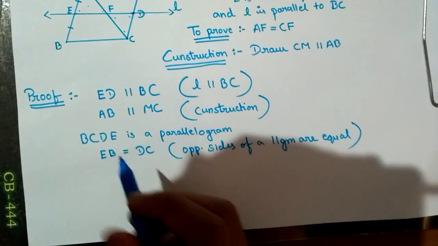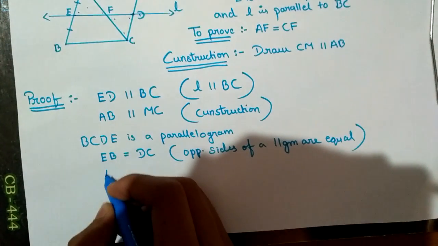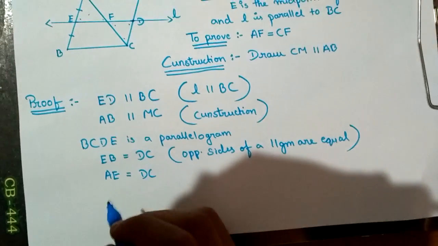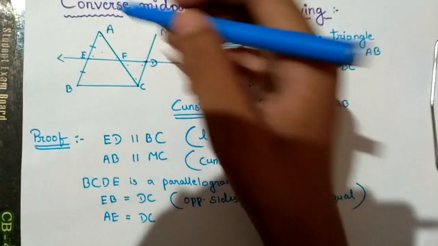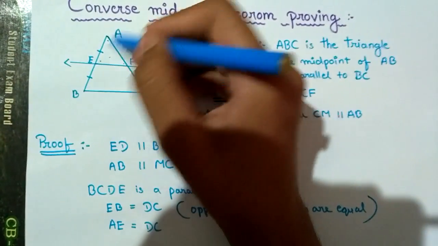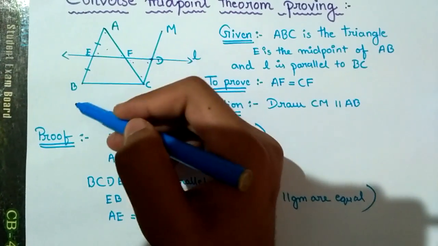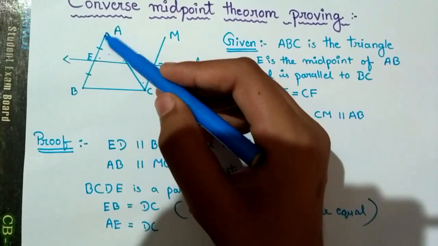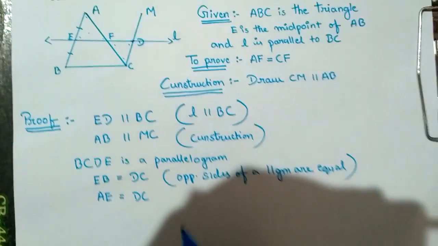Now we can write here that AE is equal to DC. Why, friends? Because EB is equal to AE and BE is equal to DC. So by equating both terms, we find that AE equals DC. Now we will move to the congruency.